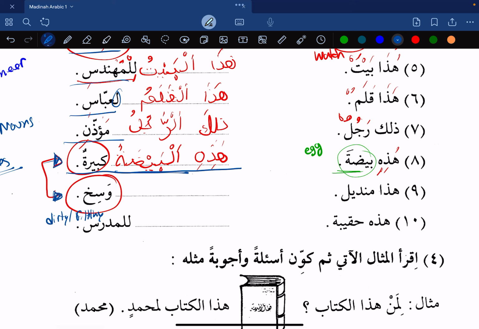That's what it means. Okay, هذا mindil. What was mindil again? I forgot. Mindilun. Handkerchief, right? Yeah, handkerchief. So we're gonna say هذا, sorry. It looks like a sigma. Mindil. Take that away. Terrible handwriting.